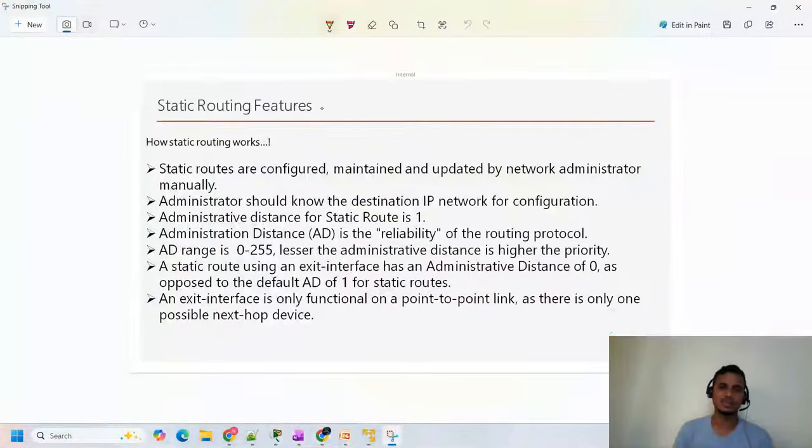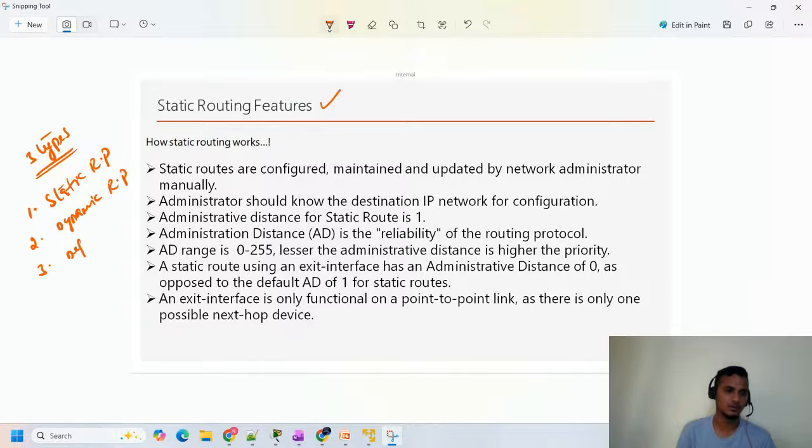I'll take a snap of this slide, so I'll let you know how things work. See, static routing protocol, right? Today we are discussing the static routing protocol. Before we learn it, we should know how many types of routing protocols we have. If in an interview you get the question to list the different types of routing protocols, you can answer that we have three types: the first is the static routing protocol, the second is the dynamic routing protocol, and the third is the default routing protocol.